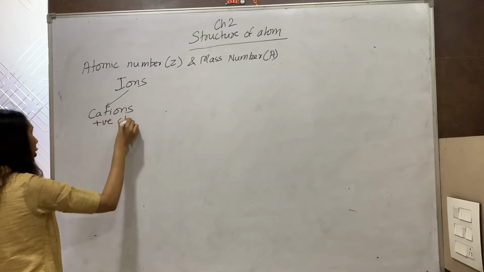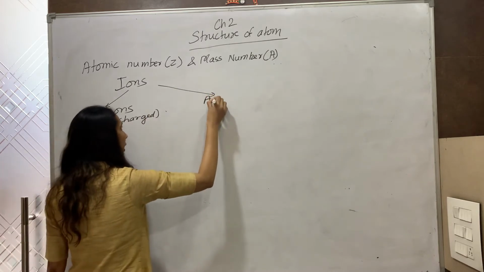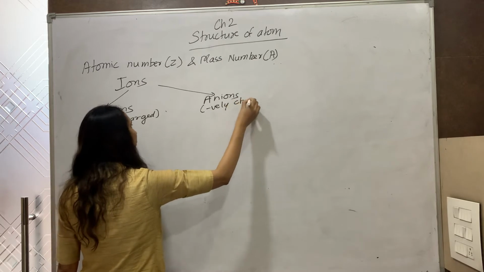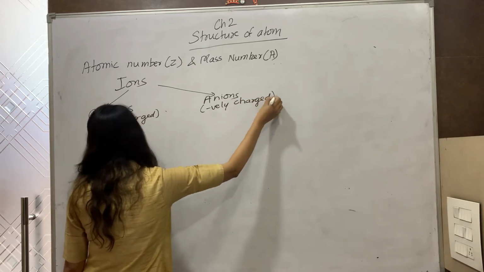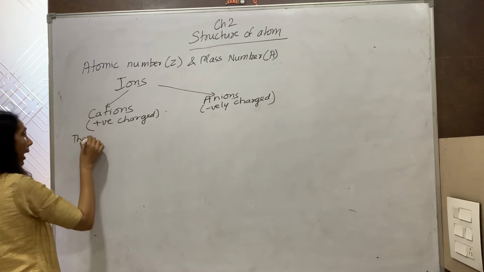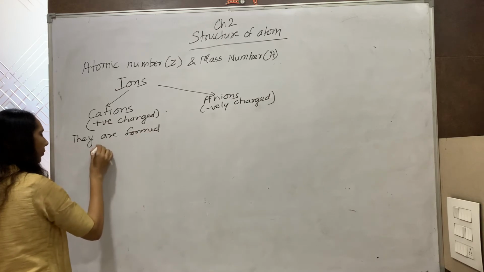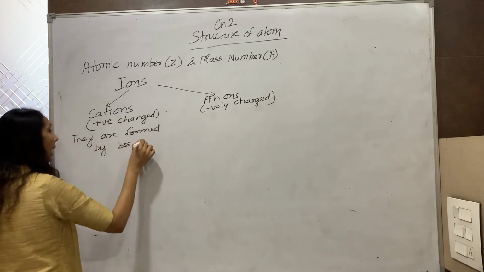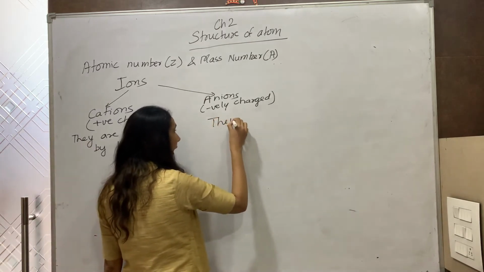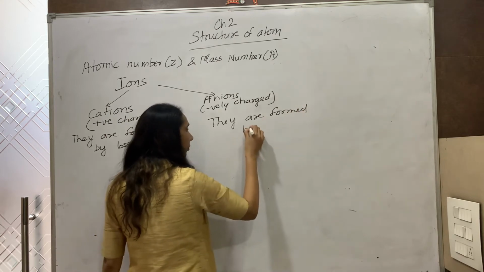When they are negatively charged, they are called anions. Cations are formed by loss of electrons, and anions are formed by gain of electrons.